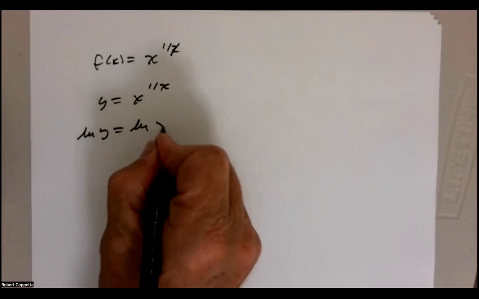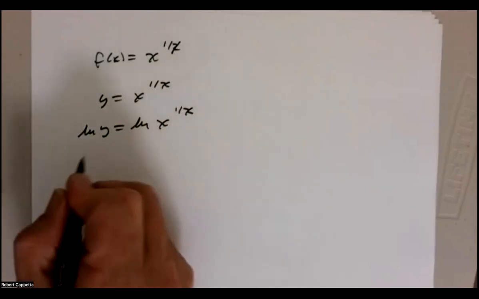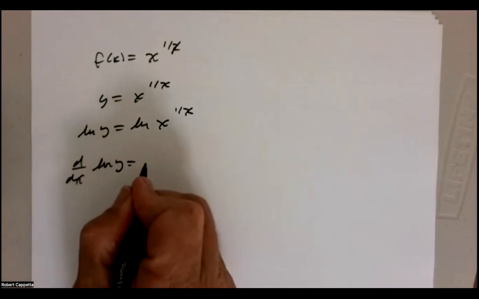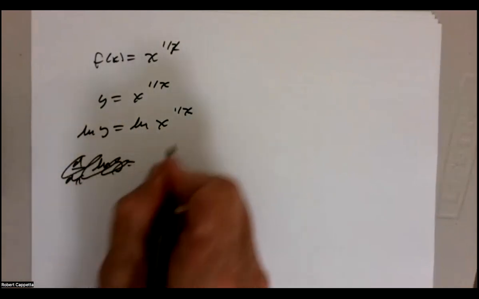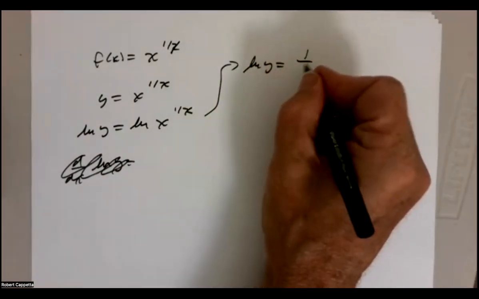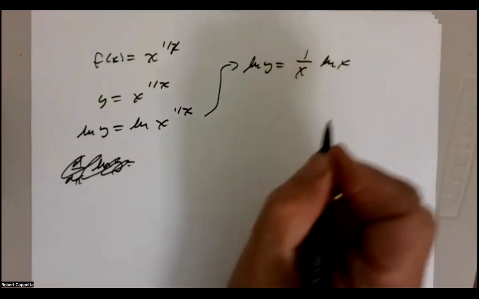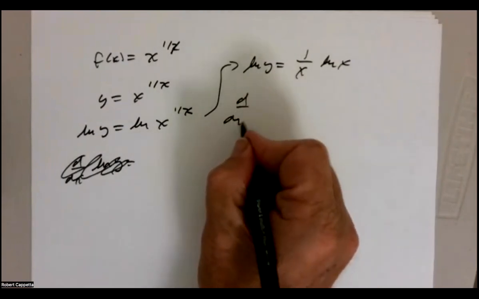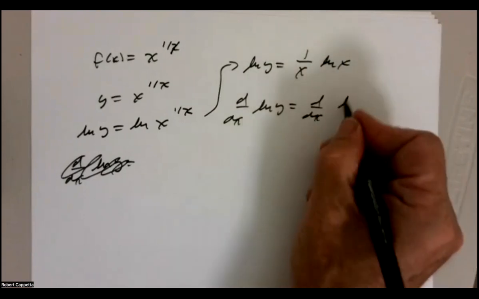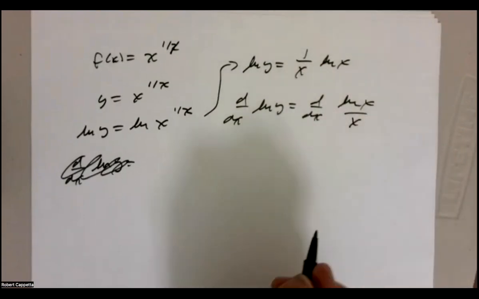Log y is log x to the 1 over x. The derivative with respect to x of log y, nope, not yet. Pull the 1 over x down. Log y is 1 over x log x. Now take the derivative. Derivative with respect to x of log y is derivative with respect to x of log x over x.